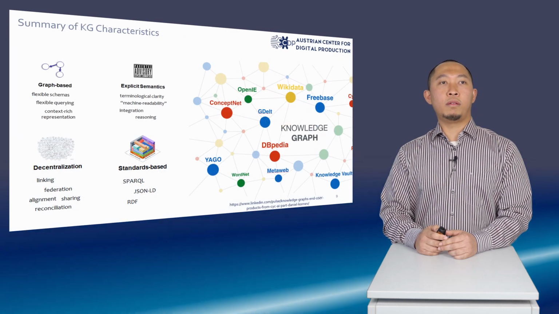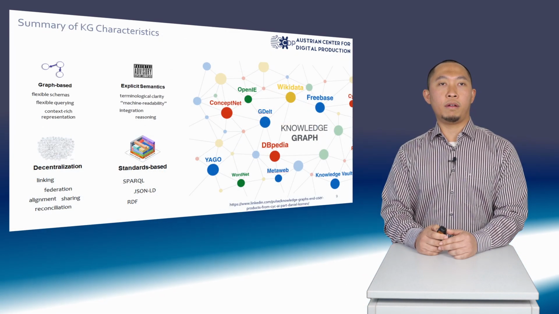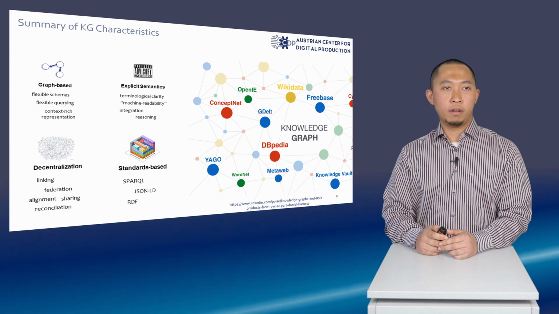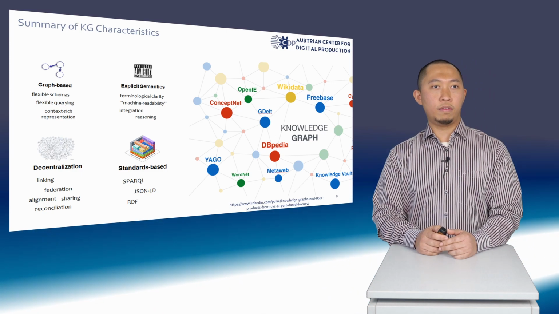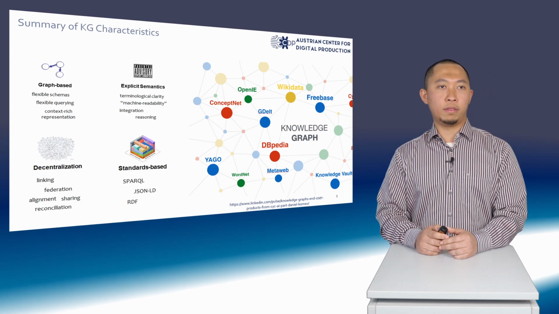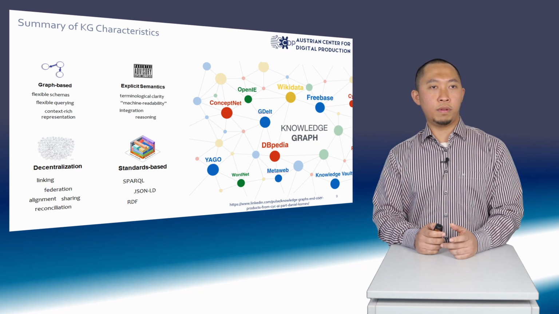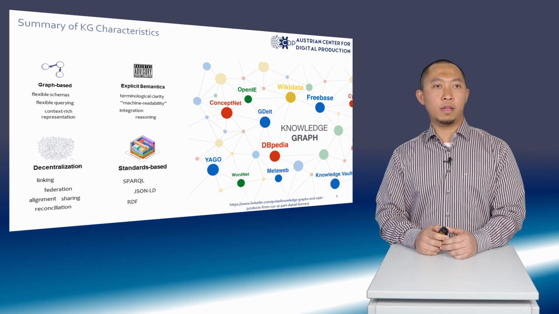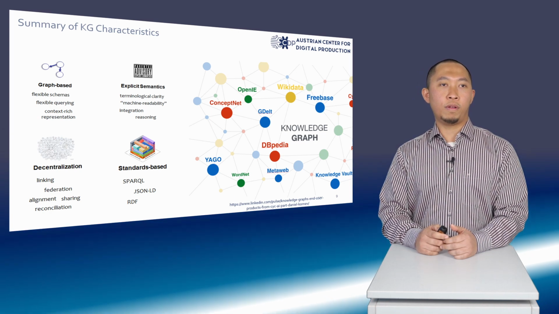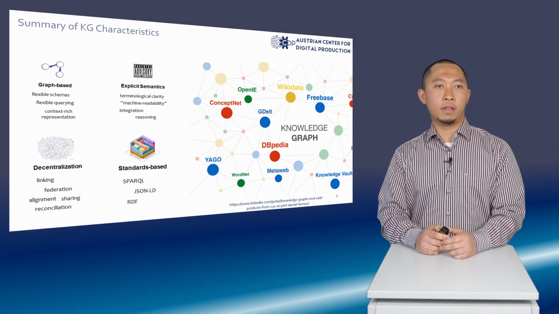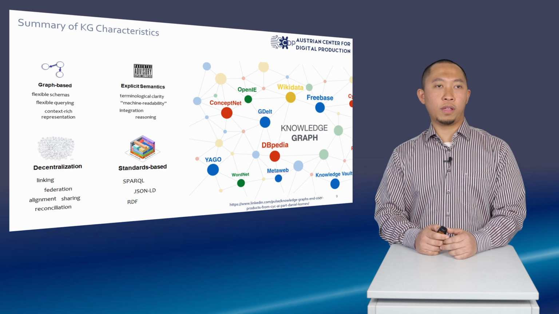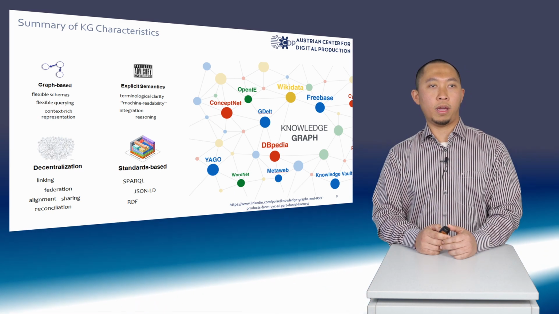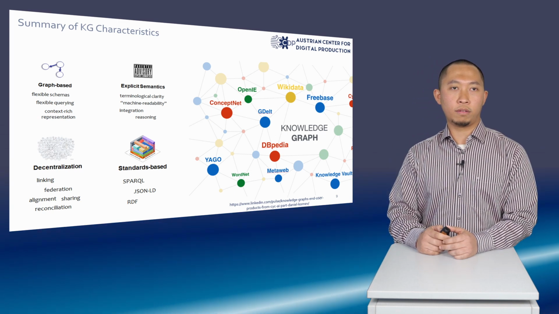And here we take a look at this summary of the characteristics of the knowledge graph. First, the knowledge graph uses a graph-based representation that can represent in a flexible way the schema and the structure of the data, and it can be used to flexibly query the data. And it also supports context-rich representation to enrich the data in the knowledge graph.